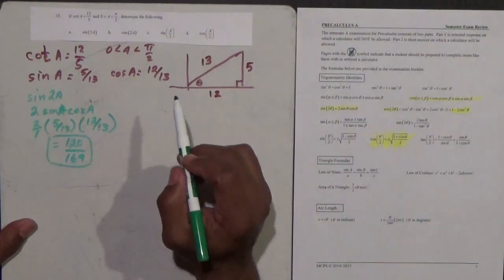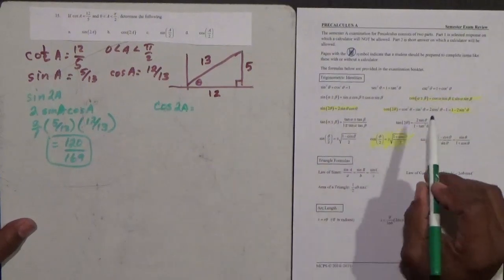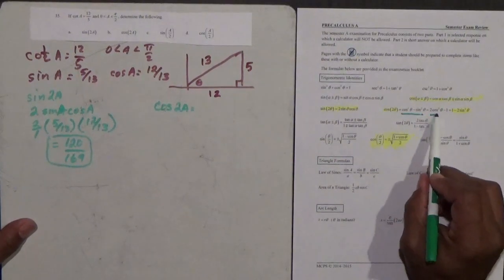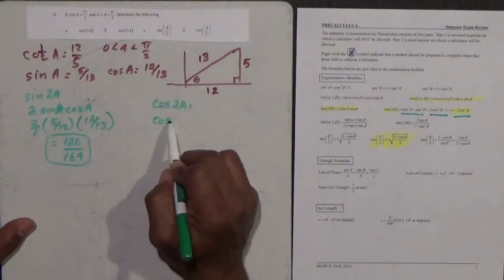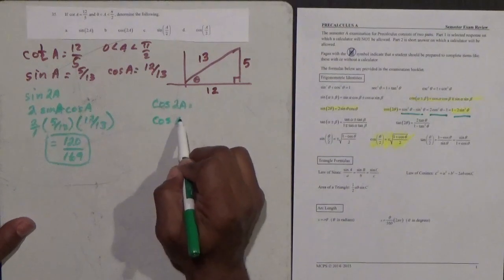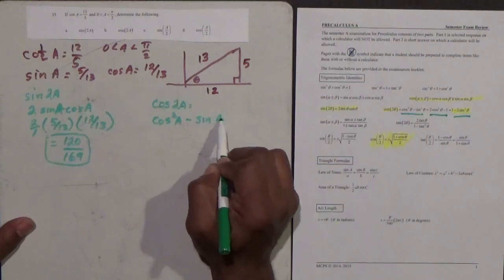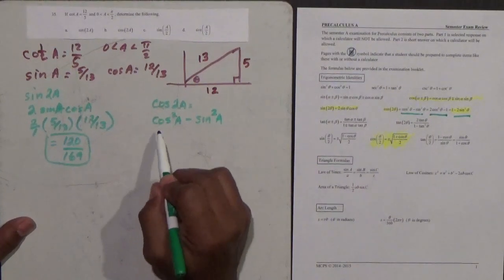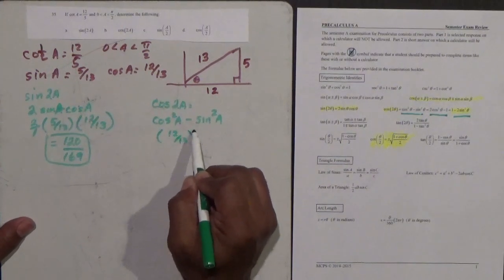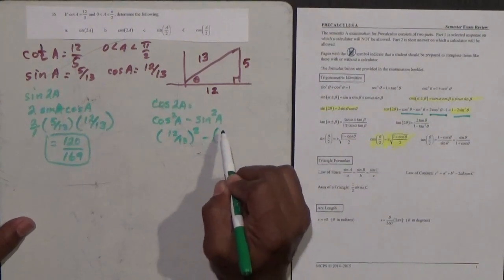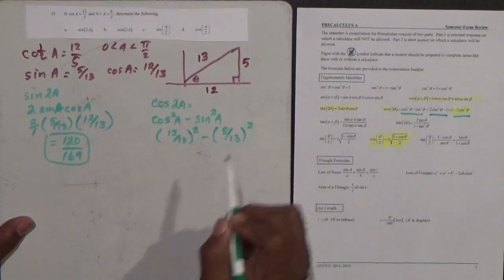Alright, your cosine 2A. If you remember, if you're in my class, you can use any of these three. There's 1, there's 2, there's 3. I usually use that first one. So the first one says cosine A squared minus sine A squared. So we're going to put that cosine, which is 12/13, square it, minus 5/13, and square that.